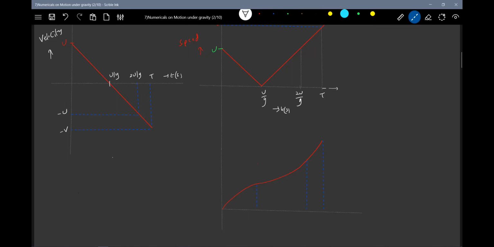Okay, this will be the time u by g, 2u by g. This is t. We have to interpret this properly. This is the position. Is it correct? Is it really right or wrong? This is something very important. I drew like this. Is it correct?